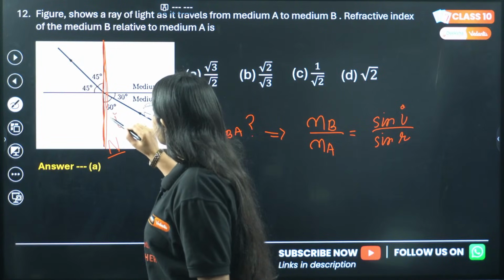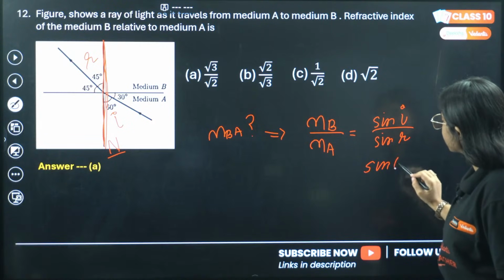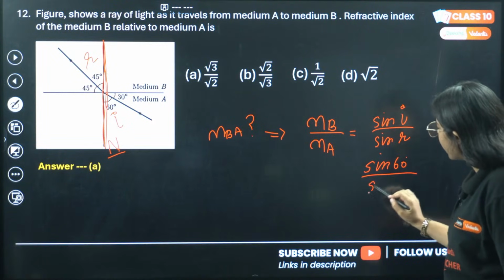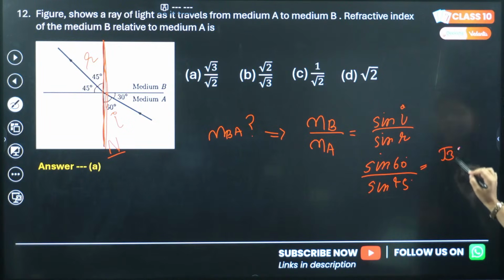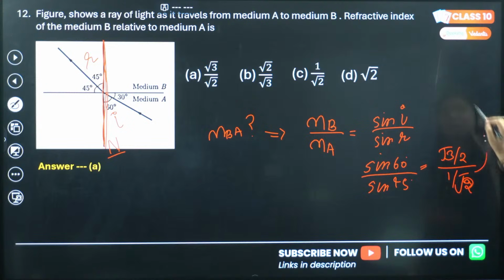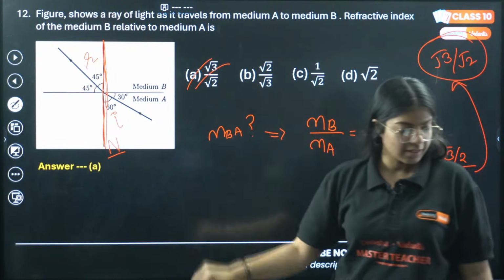So this is I and this is R. So this will be sin 60 divided by sin 45, which will be root 3 by 2 times root 2 by 1, which is root 3 by root 2. So A is the correct answer.